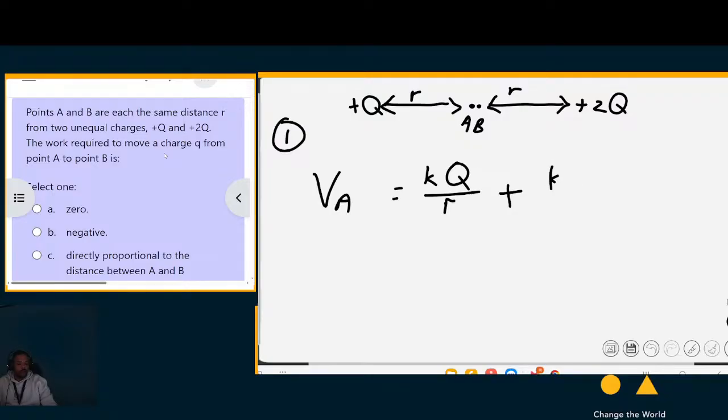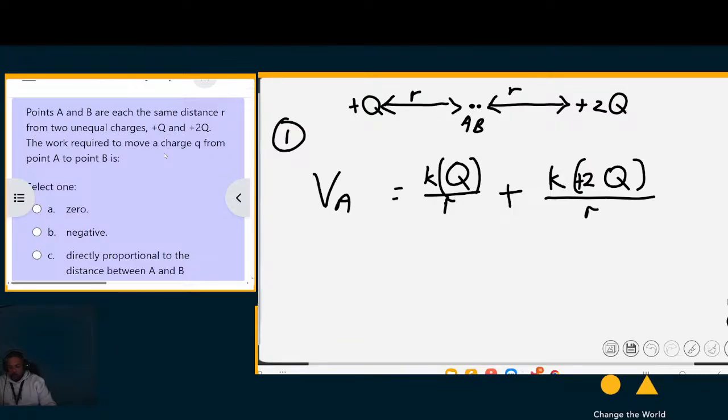So it is k times 2q over the same distance, r, from A.